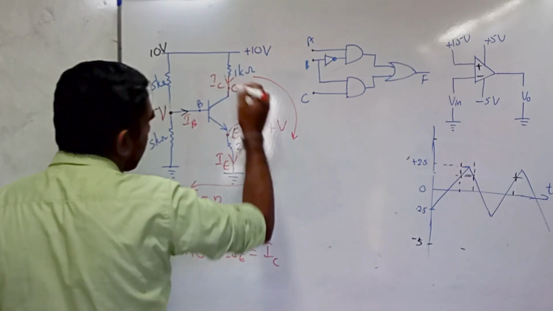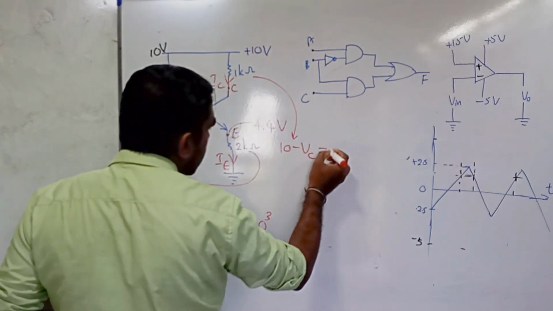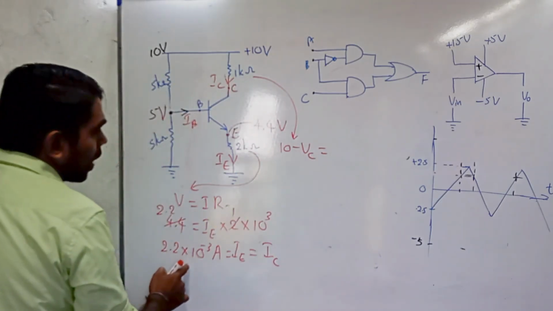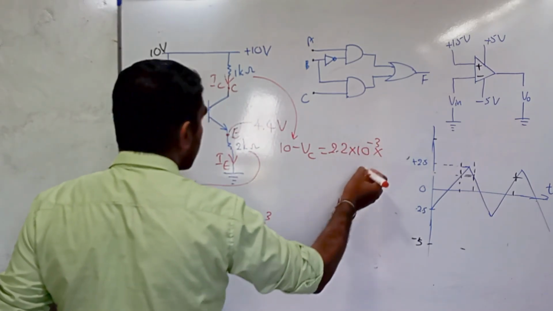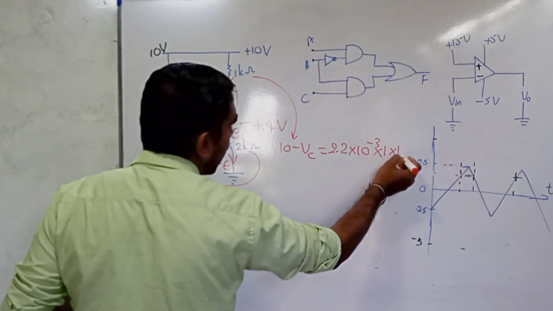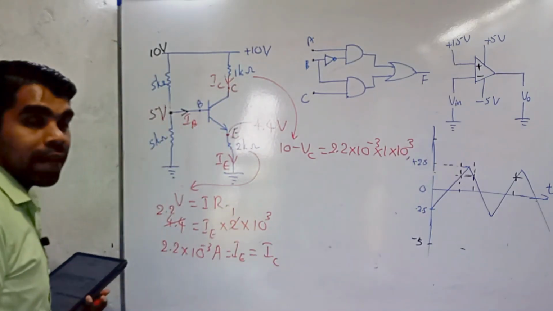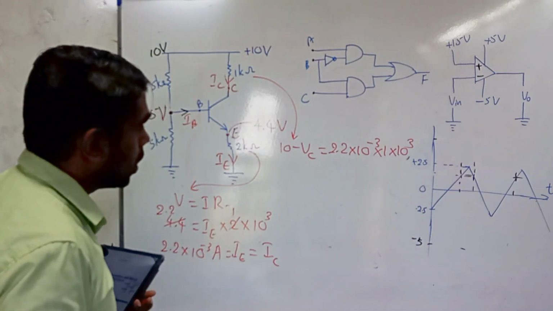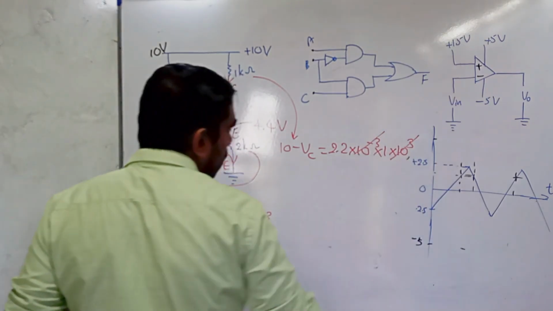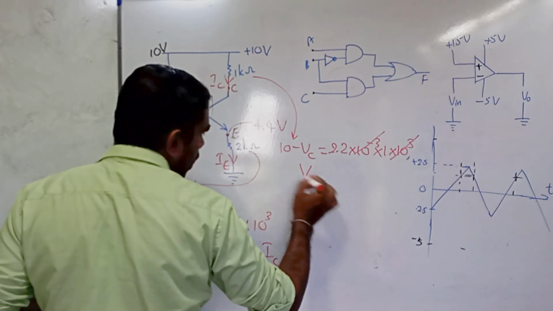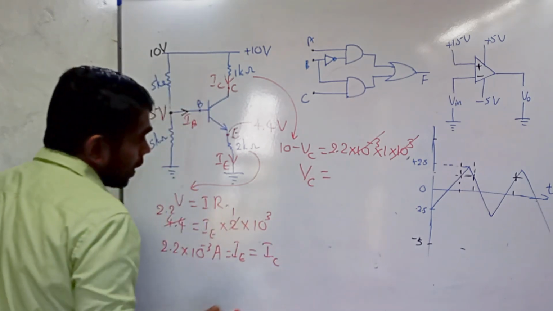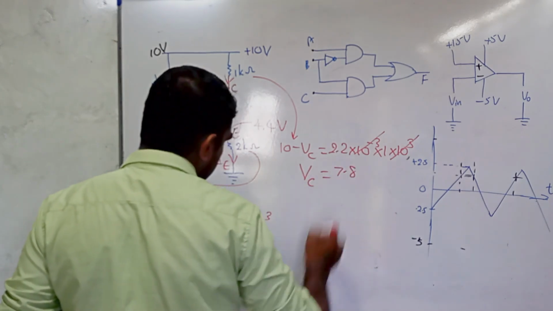Voltage difference 10 minus VC equals current IC, which is 2.2 into 10 to the power minus 3, times resistance 1 kilo ohm. We have to substitute it in ohms, 1 into 10 to the power 3 ohms. Then we can cancel out 10 to the power minus 3 and 10 to the power 3. We can subtract this value from 10, and then we obtain VC is 7.8.